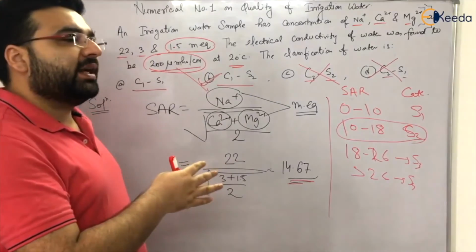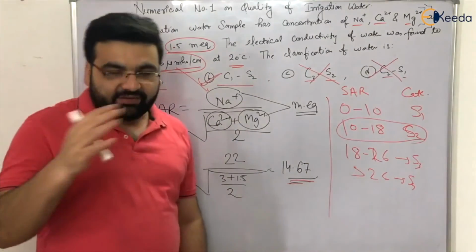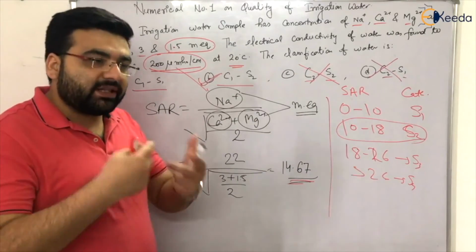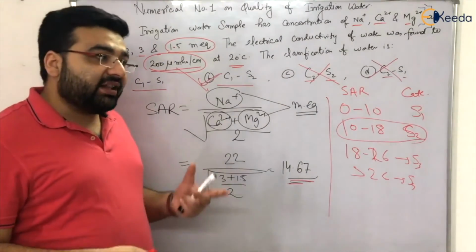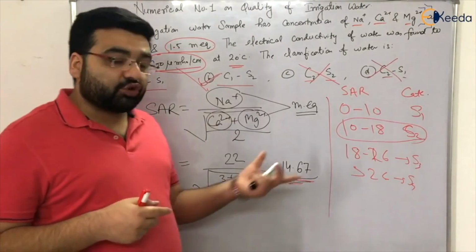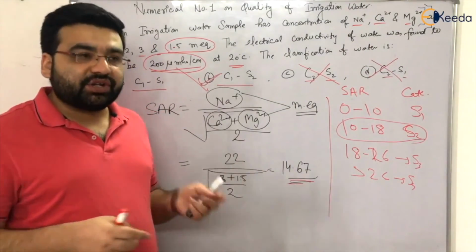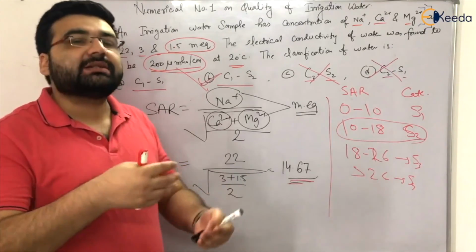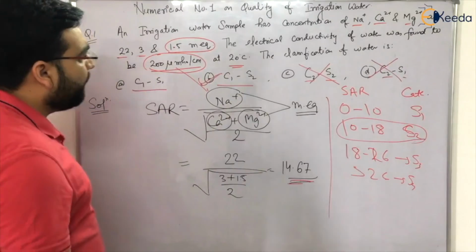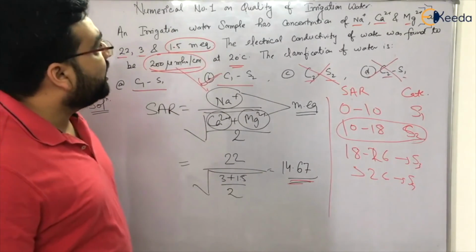Every state level examination and SSC JE examination copies concepts from ESE, and examinations like ISRO or BARC copy questions and concepts from GATE, because GATE is the standard for them. This is what is happening in India.